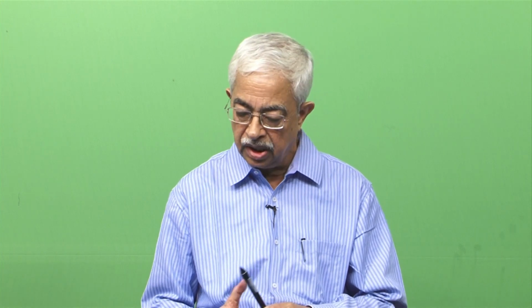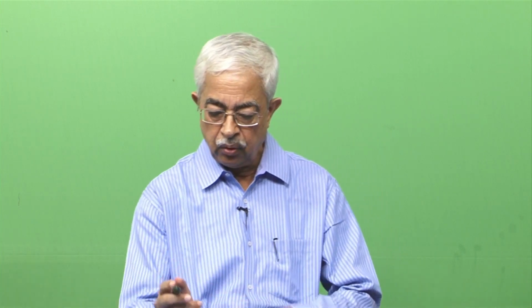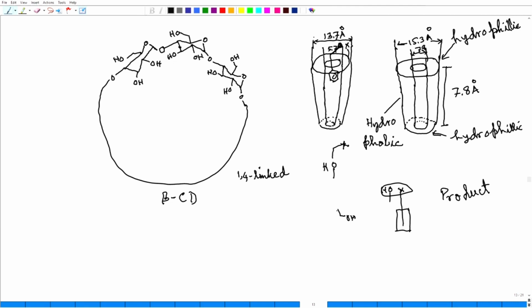So, therefore, we learned, and when we compare with cucurbituril, what? Cucurbituril also, but they are very difficult to synthesize and much more expensive. They are like pumpkin shape.